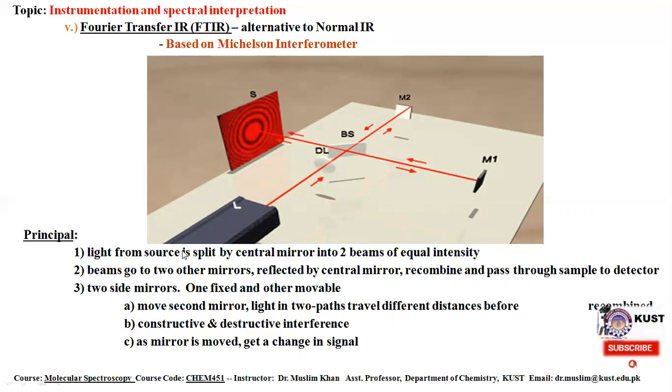The principle is that light from the source is split by a central mirror into two beams of equal intensity. The beams go to the other mirrors, are reflected, recombine at the central mirror, and pass through the sample to the detector. Of the two side mirrors, one is fixed and the other is movable.